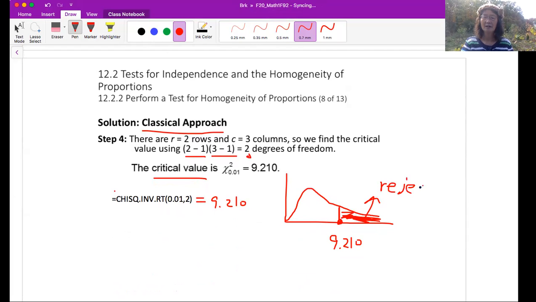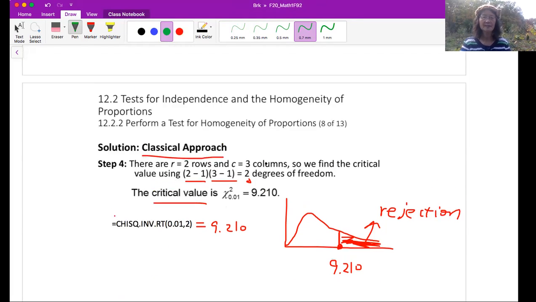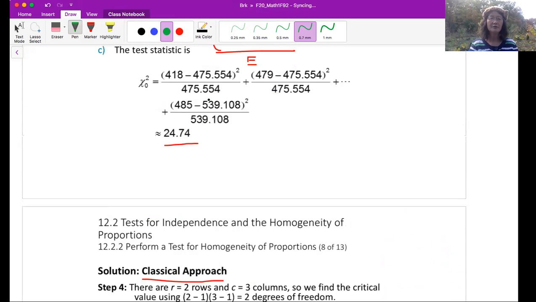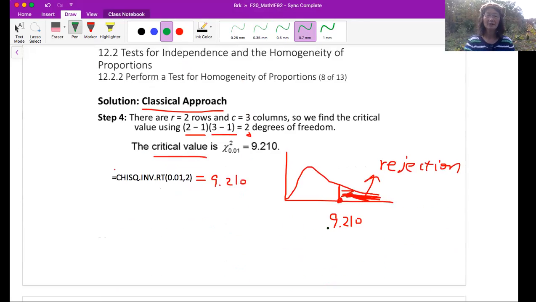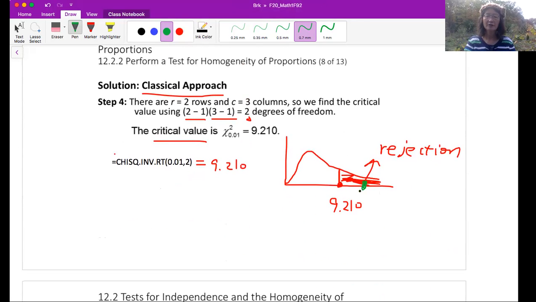And now locate the test statistic in this picture. The test statistic 24.74 is here. And this red one is the critical value.